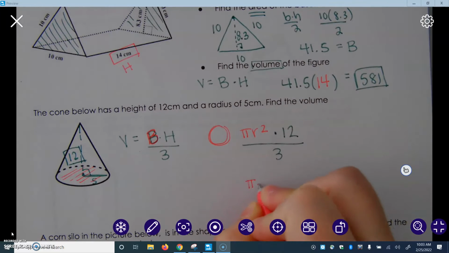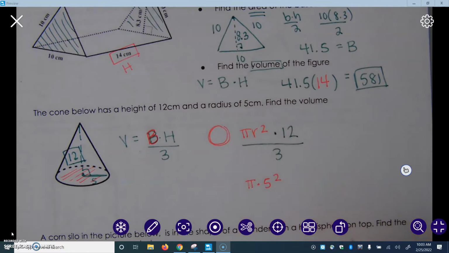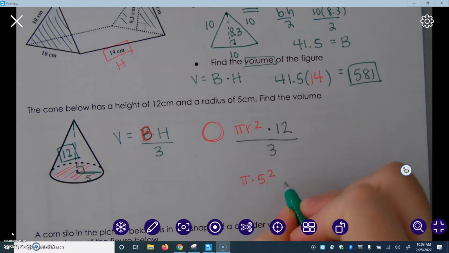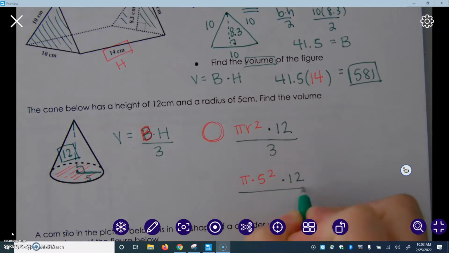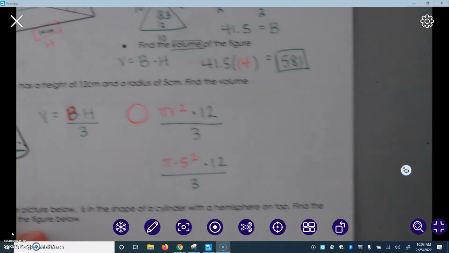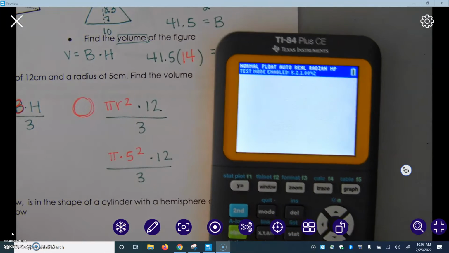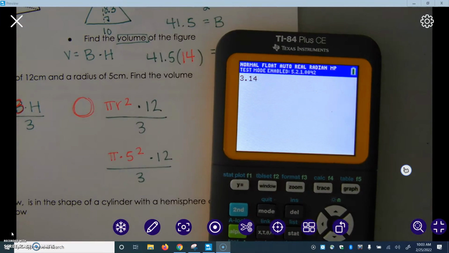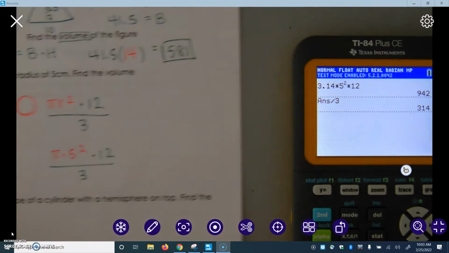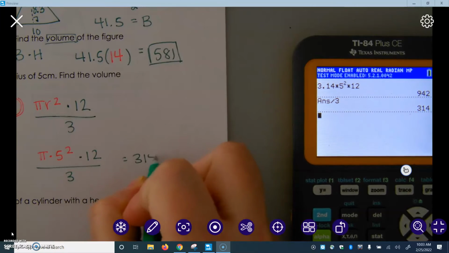I'm going to do pi times 5 squared times the height and divide that answer by 3. And so this is how I'm putting it into the calculator. 3.14 for pi times 5. I'm going to hit the x squared button times 12. And then I usually hit enter so I can see what that is and then divide that answer by 3. So my final answer is 314.